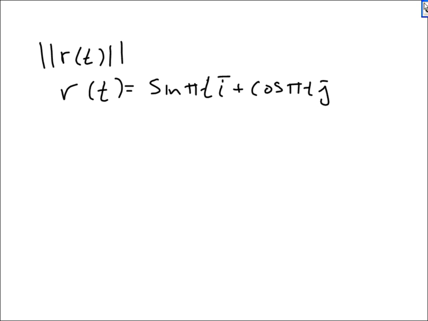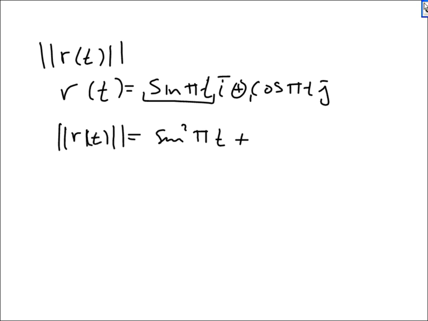So the length of r of t, or just the length of r, you square the i component, you get sine squared of some angle, plus you square the j component, you get cosine squared of some angle. And since the angles are the same, sine squared of an angle, any angle, plus cosine squared of that same angle, this is 1.